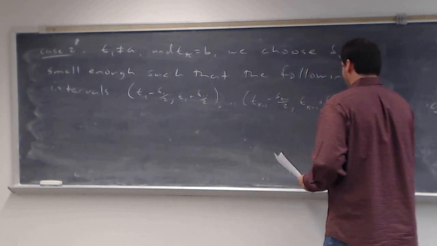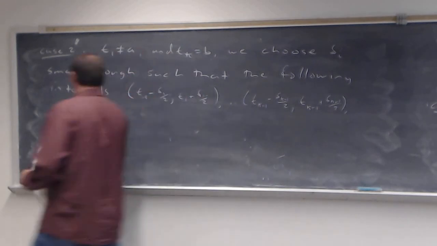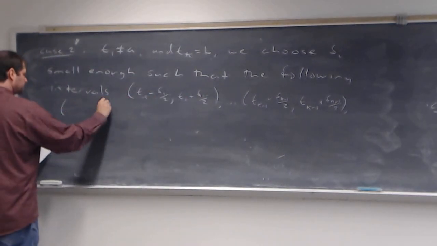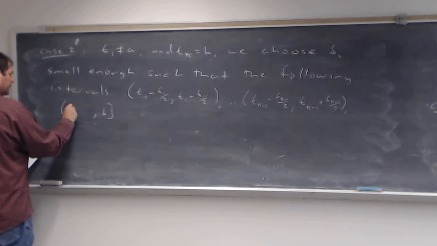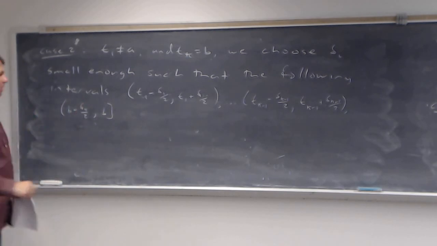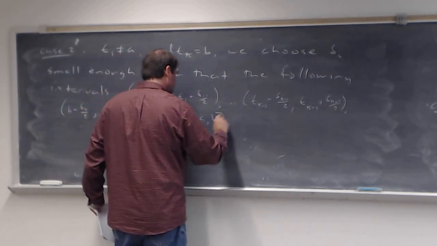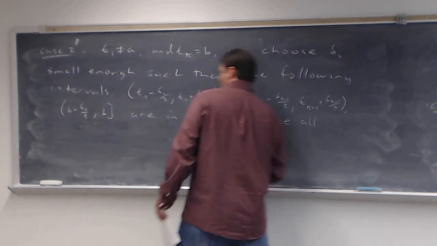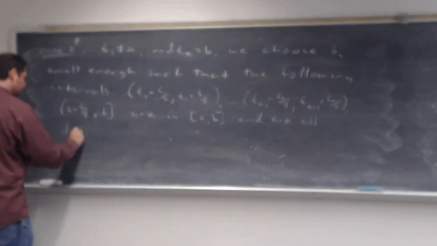And the last one we have, I'll write it down here, is going to be up to b, and here it's going to be b minus delta sub k over 2, are in [a, b] and are all disjoint. So no overlap.